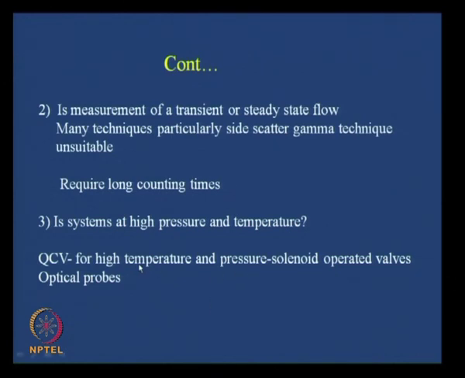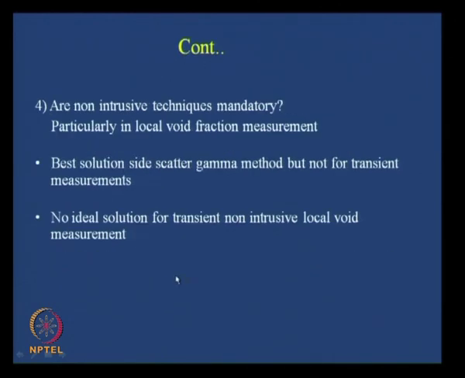For such cases, the only option is the quick closing valve technique. For high temperature and pressure, of course, we cannot use ball valves and things like that. We have to operate from a remote distance, so solenoid operated, electrically operated valves are the only option. Optical probes, if suitably designed, can also be used for these purposes.